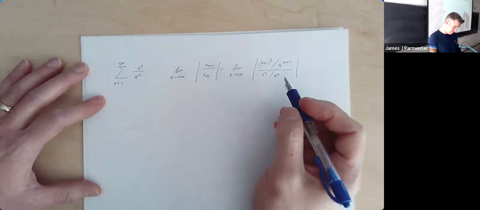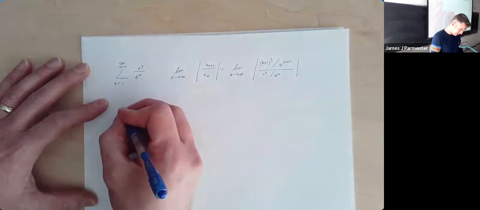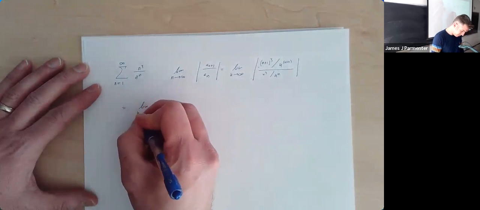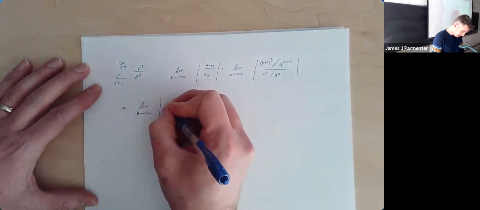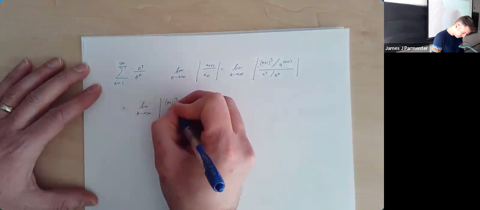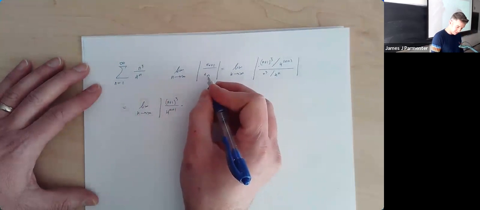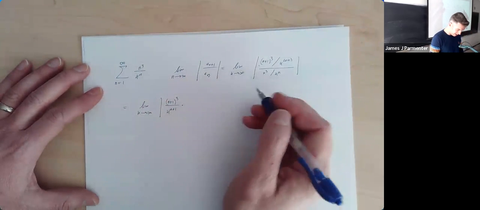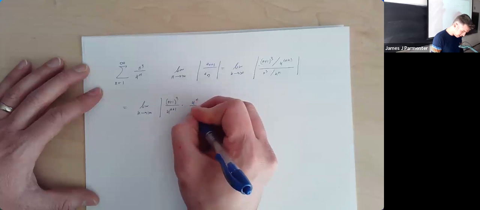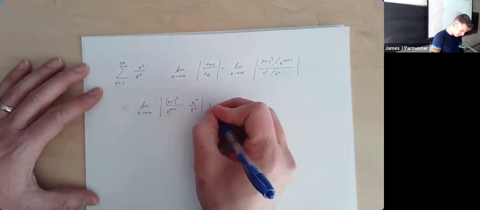Whenever you do something like this, people almost always skip this step and jump straight to writing it as the n plus 1 term multiplied by the reciprocal of the nth term. So instead of dividing by n cubed over 4 to the n, multiply by 4 to the n over n cubed. Then we group like terms.